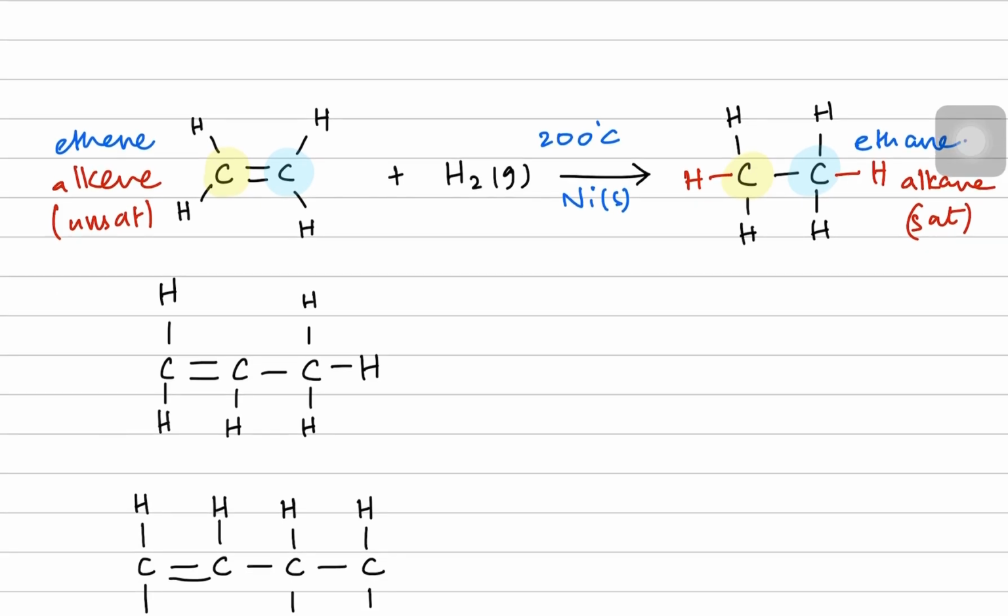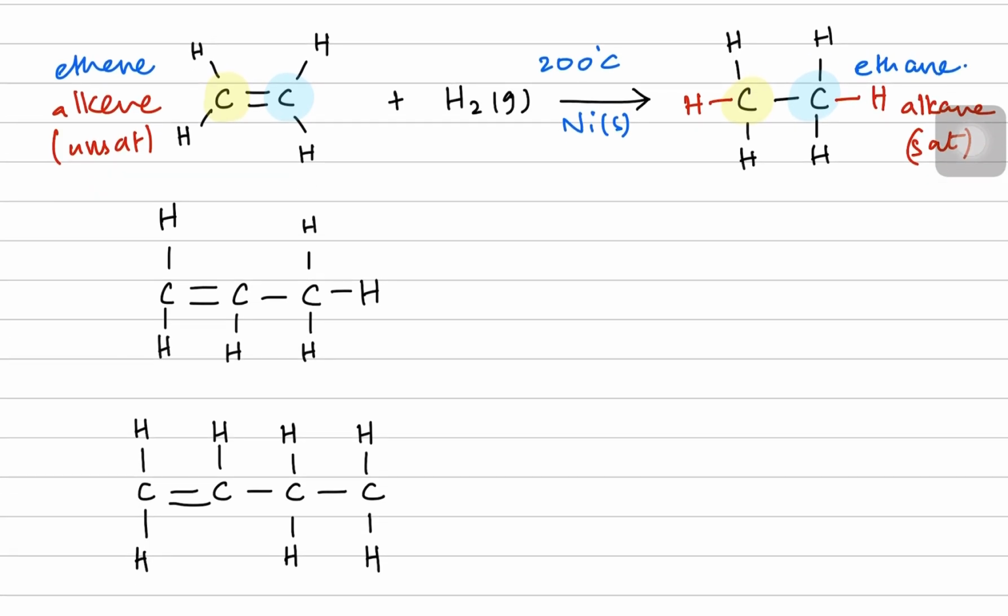Let's take another example where we are dealing with propene. On the left hand side, you can see propene just below ethene, which is a compound with three carbon atoms, carbon 1, 2, 3. My focus should be on the yellow carbon, which is on the left side, and the blue one, which is in the middle.